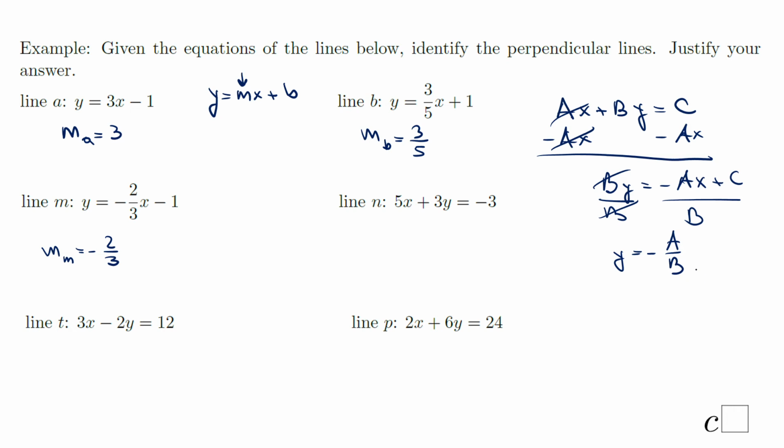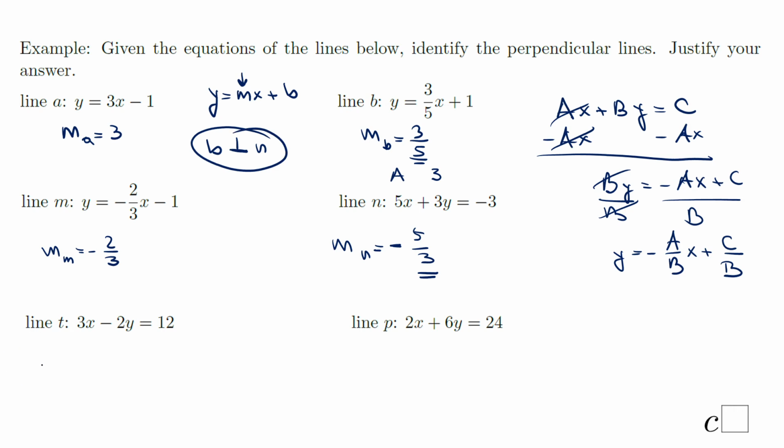So if you can remember this, you don't really need to solve like I did here. Well, let's see here. The slope of line N will be -a/b. A is 5, b is 3. So -5/3. So now we notice these two lines, line B and N, the slopes are opposite or negative reciprocal. B and N are perpendicular lines.